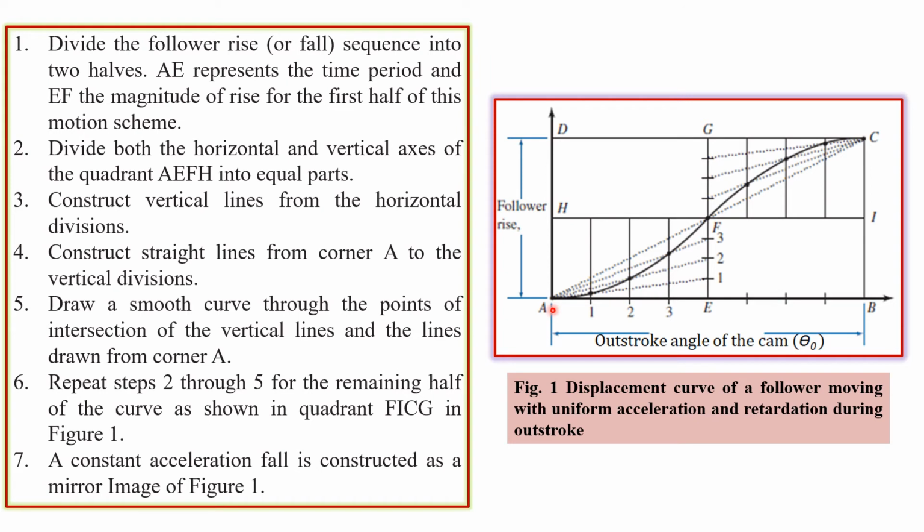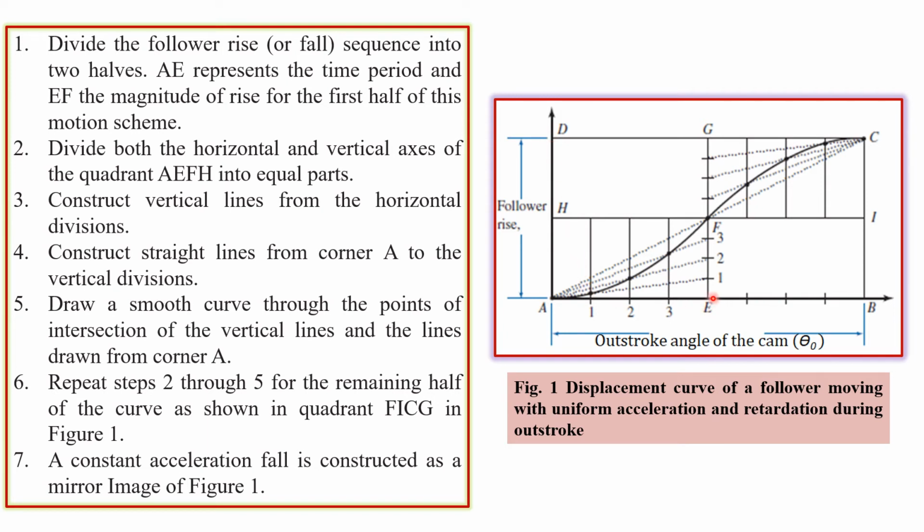We are going to divide this line AB into n equal parts, where n is an even number. So we have divided this line into 8 parts. Then we know the lift of the follower, that is, by what amount the follower gets lifted up.